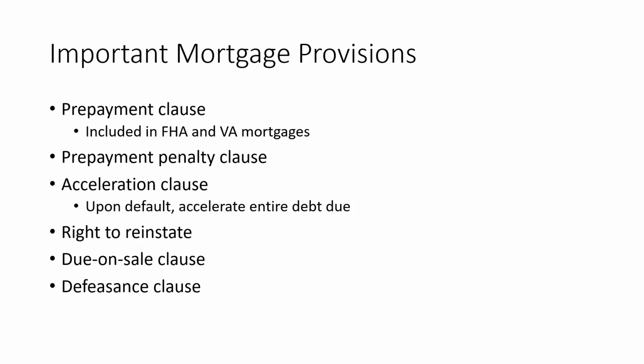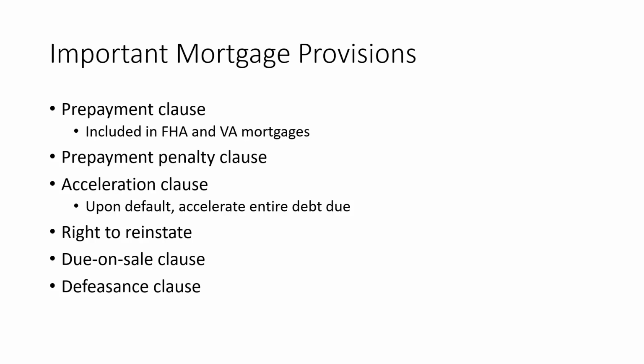There's an acceleration clause which will allow them to accelerate the entire amount due in case of non-payment of the monthly payments. There's also the right of the borrower to reinstate, should they manage to catch up with any defaulted payments.